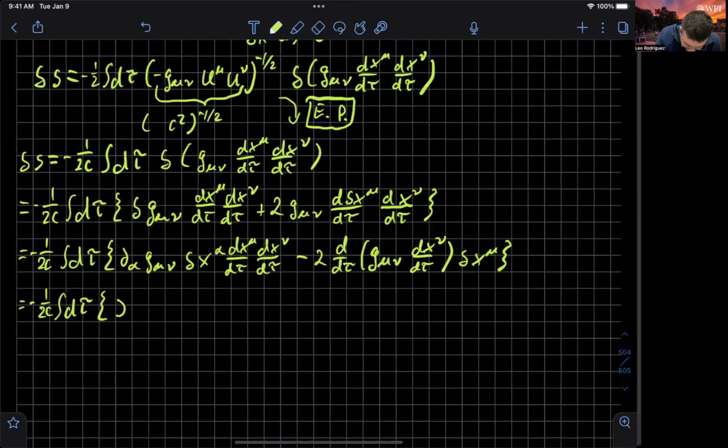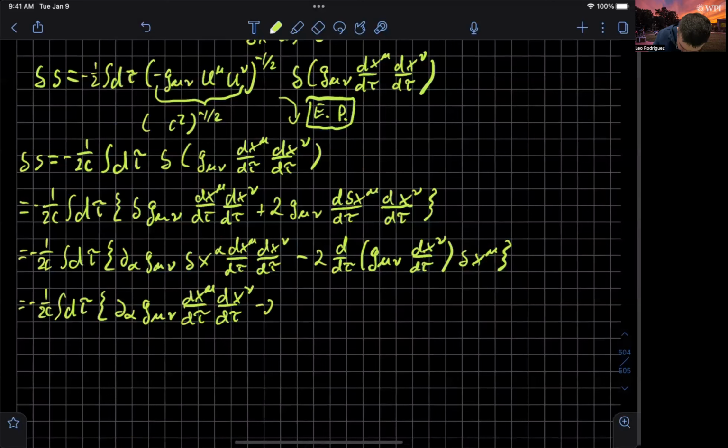Okay, so here I have partial alpha mu dx mu d tau dx mu d tau, and then I have a minus. Let me go ahead and work this out.